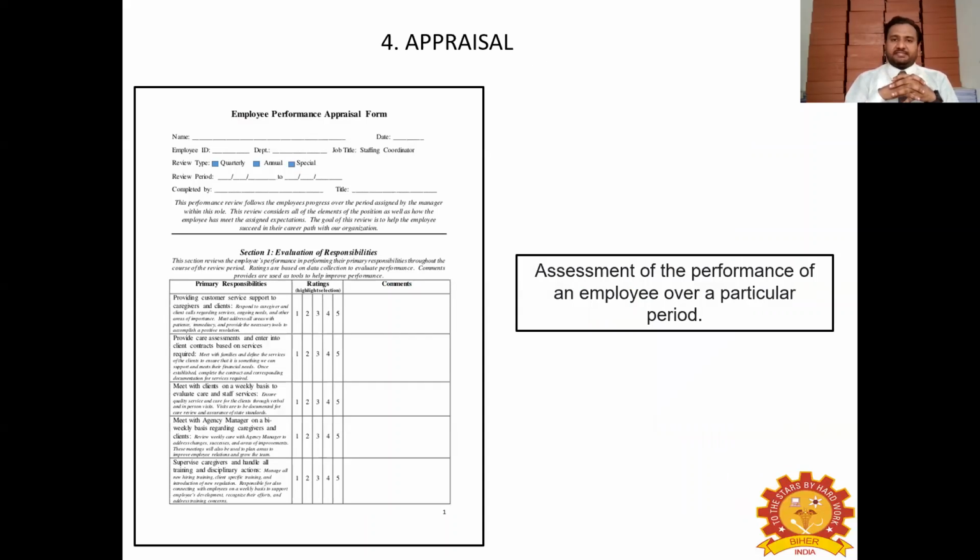And the fourth step is appraisal. As I said in the list and in the slide where I listed out all the steps of a staffing process, appraisal is the assessment of the performance of an employee over a particular period. This particular period will be fixed by each and every organization on their own. The HR manager in an organization may fix that there will be an appraisal once in a year.